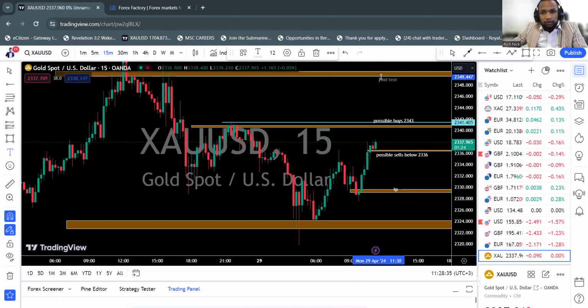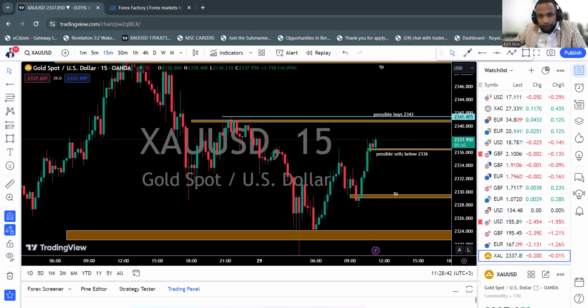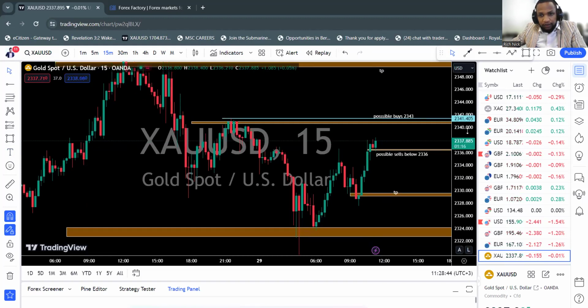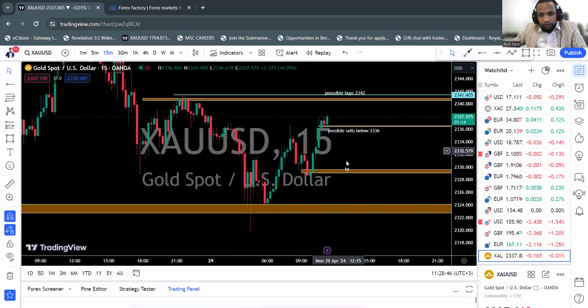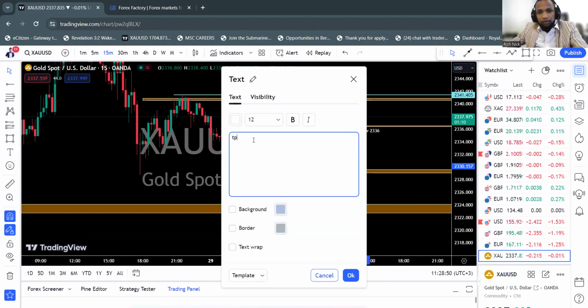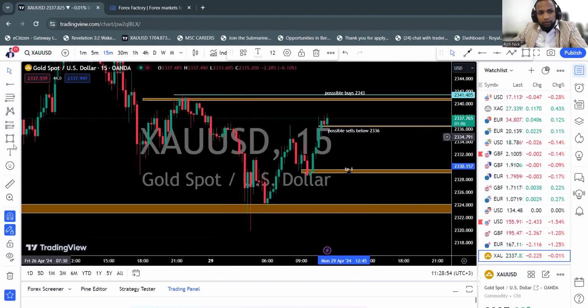And we take all the way to the take profits over here. So there's that. And this one definitely is going to be TP1, because let's put up there, that is TP1. This will be TP2.